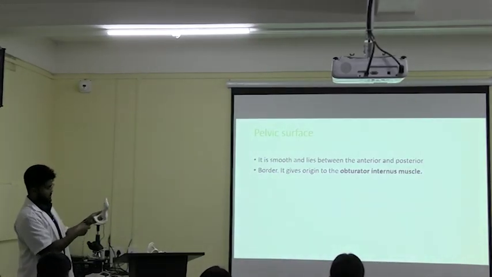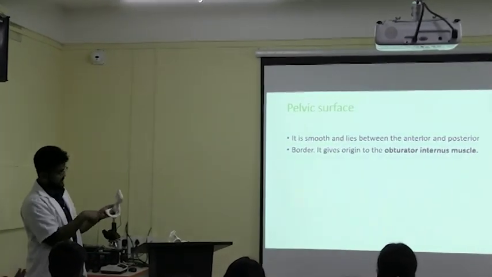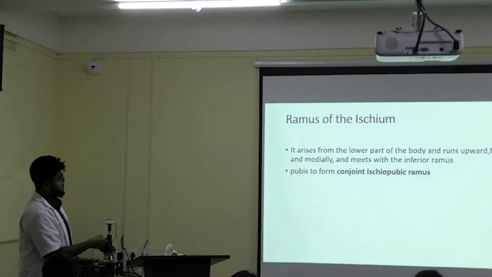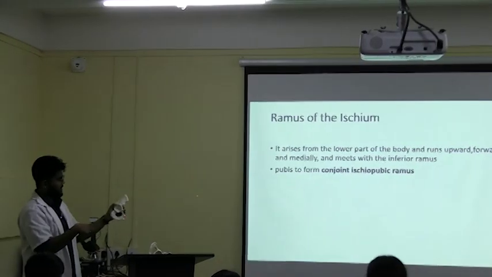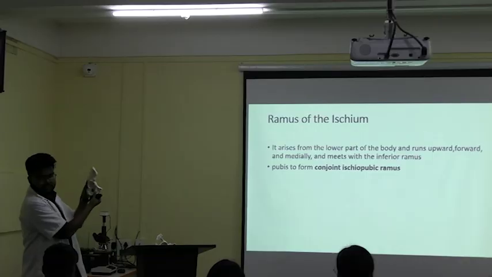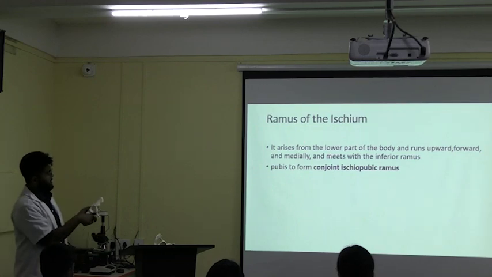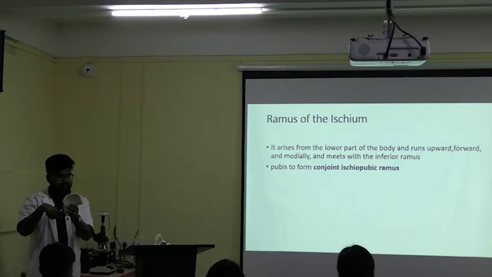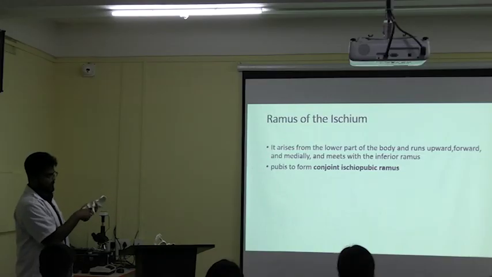Next is the pelvic surface. Here the obturator internus muscle is attached. Next is the ramus part. This whole thing is called the body, and this part is called the ramus. It is the lower part of the body and runs upward, forward and medially, and meets the inferior ramus of the pubic bone.